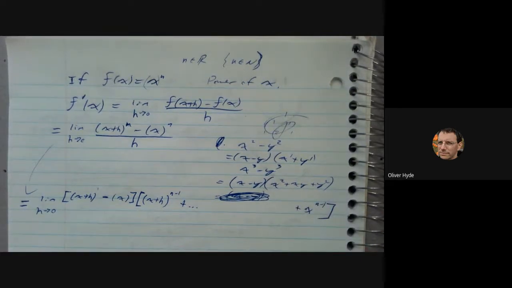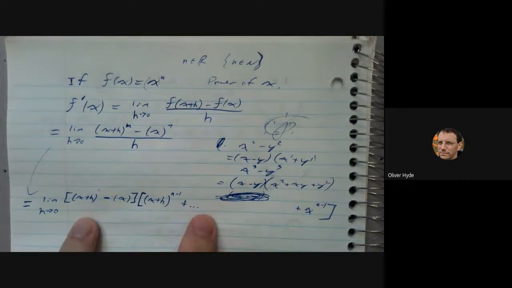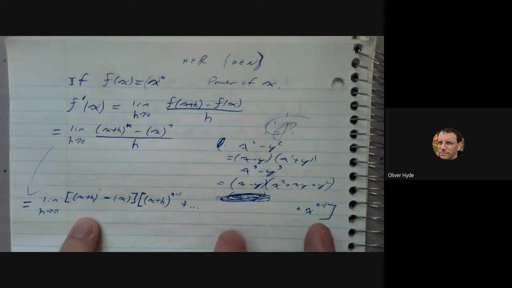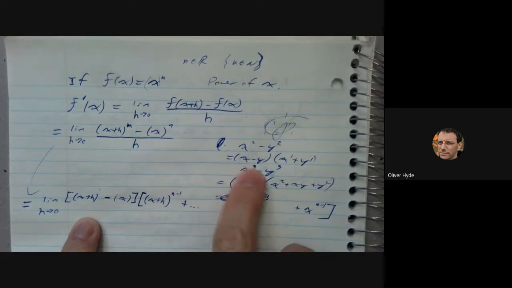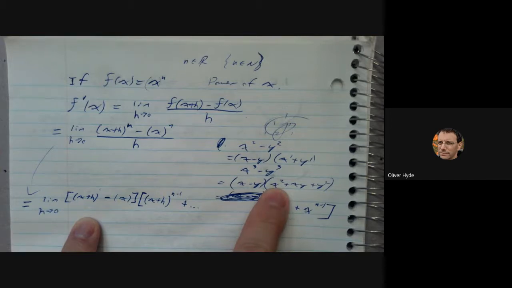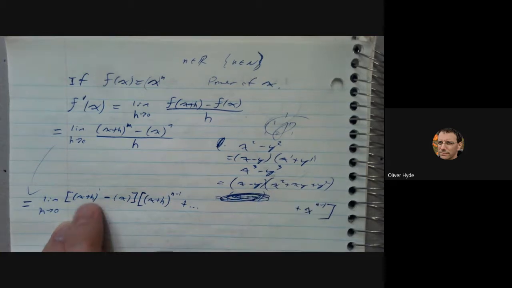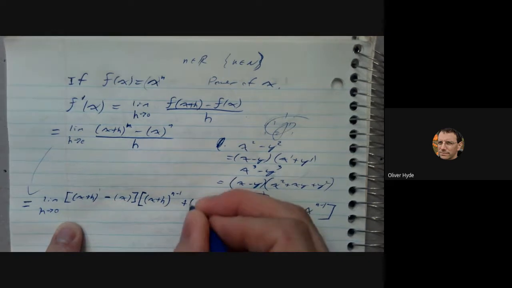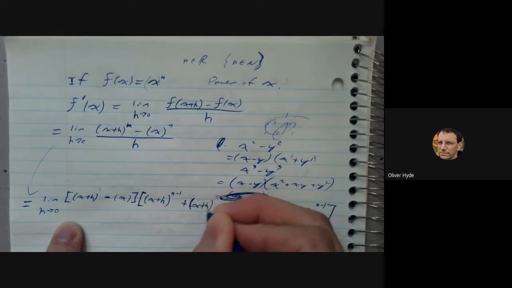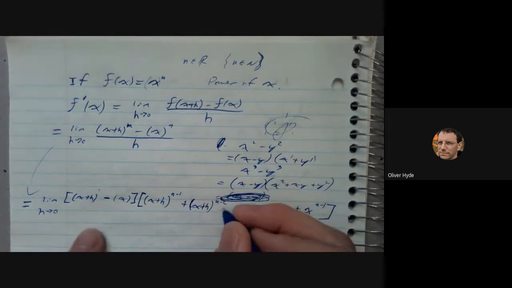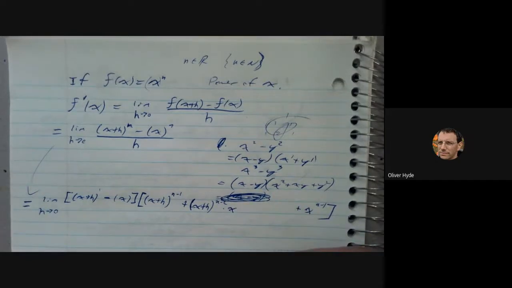Now, the other terms will make a little bit more sense if we have seen an expansion through Pascal's triangle. After your x to the exponent n minus 1 term, your exponent on x went down by 1 and your exponent on y went up by 1. So I'm going to decrease the exponent on this by 1 and increase the exponent on this power by 1, giving me x plus h to the exponent n minus 2 times x to the exponent 1.